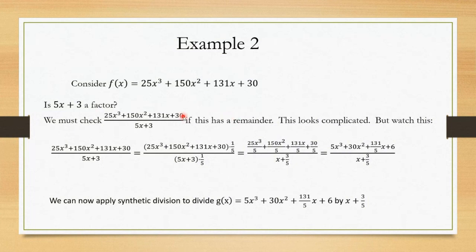Now, how can we use synthetic division? Well, we can convert the 5x plus 3 to x plus something. Namely, what I'm doing here is I'm dividing by 5. But whatever you do to the bottom, you have to do to the top to keep everything algebraically equivalent.